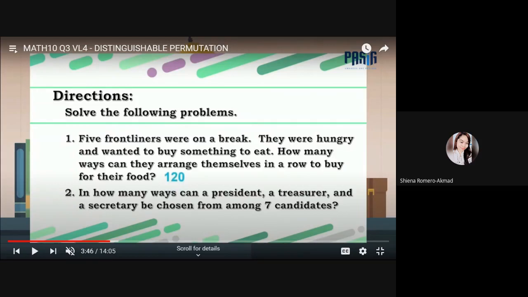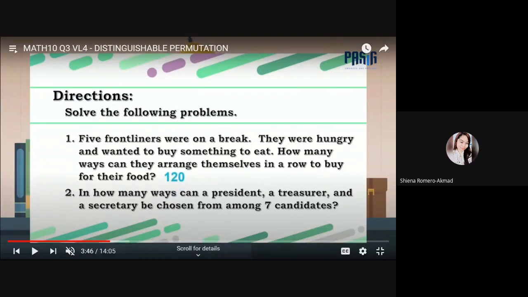Why 120? Because there are 5 frontliners and you have to get the permutation of 5 taken 5 at a time because you are going to arrange them in a line, all of them, kaya taken 5 at a time. And that is also equal to 5 factorial. And 5 factorial is 120. How about the number 2?